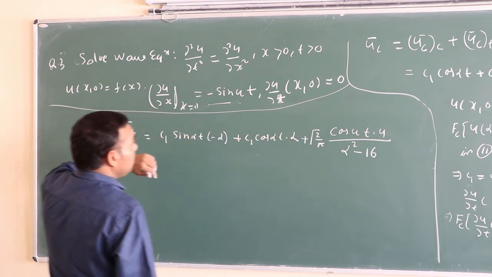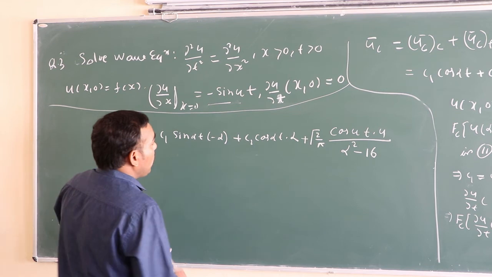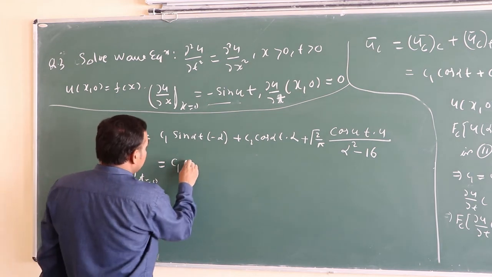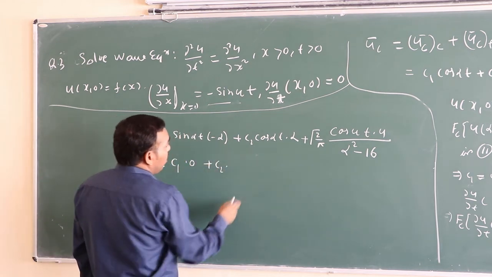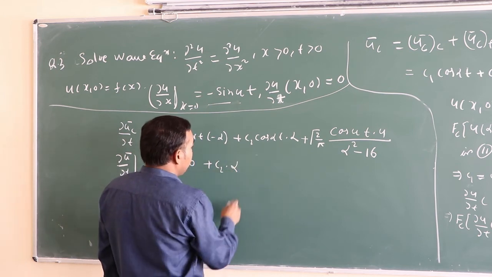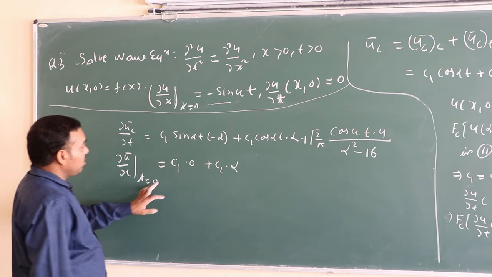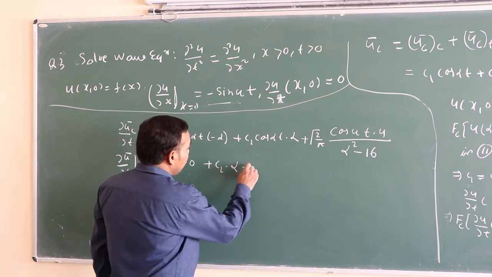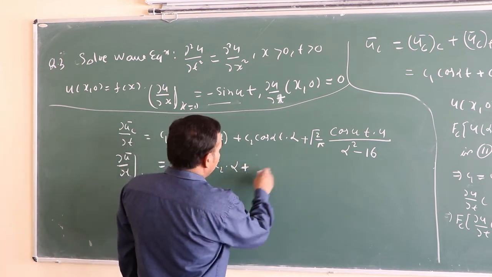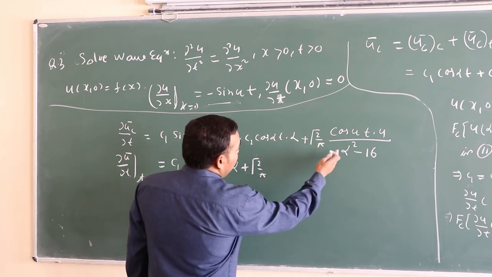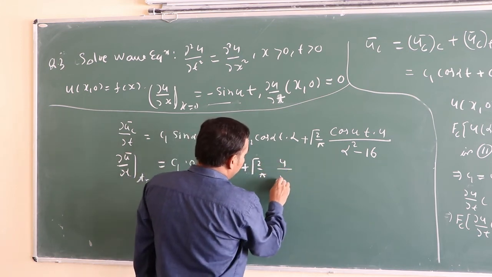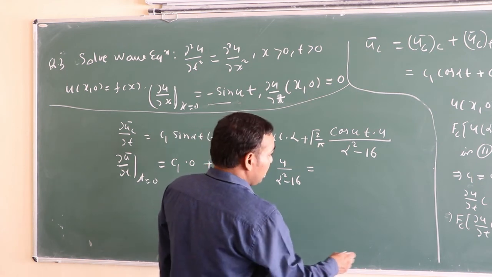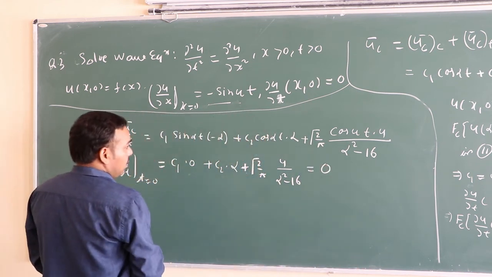Now put t equal to 0: c1 sin 0 is 0, plus c2 alpha cos 0, which is 1, plus under root 2 upon pi times cos 0, which is 1, times 4 upon alpha square minus 16, and this is equal to 0.